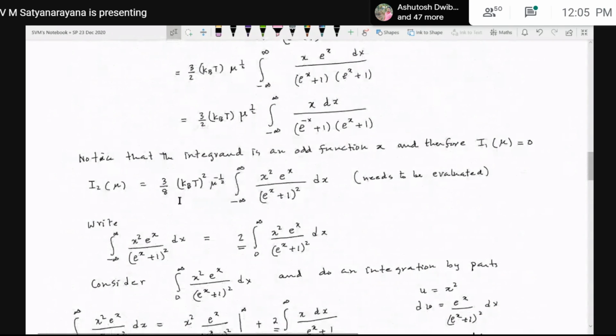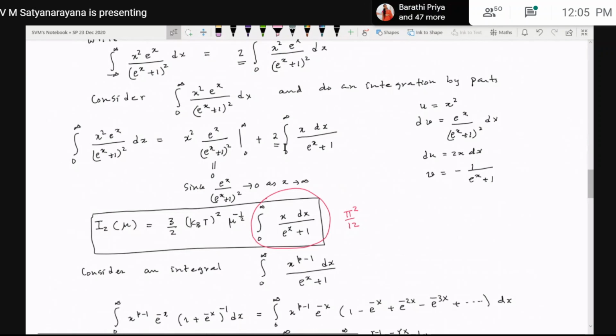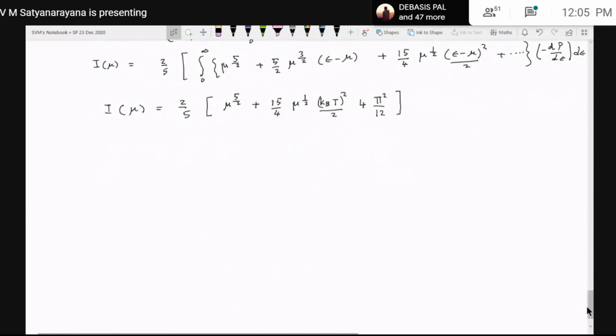Here I have 3 by 8. Now there is a factor 2 here, and then there is a factor 2 here when I converted minus infinity to plus infinity into this one. So these two will give me 4. I'm just not doing it, but I recommend you do this carefully.